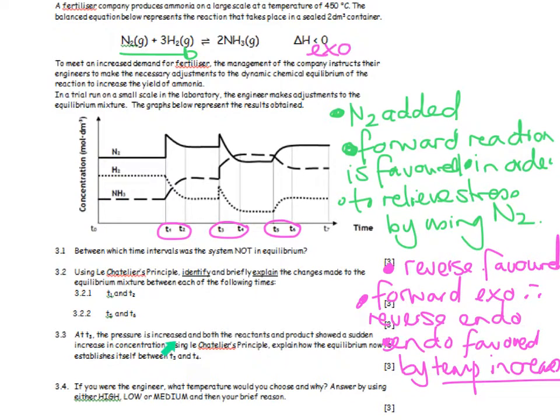At T3, the pressure is increased, and both the reactants and products showed a sudden increase in concentration. So that's a change in pressure. Use Le Chatelier's principle to explain how the equilibrium now establishes itself between T3 and T4. So the first thing you're going to say is, I am going from 4 gas moles, not any old moles, to 2 gas moles.